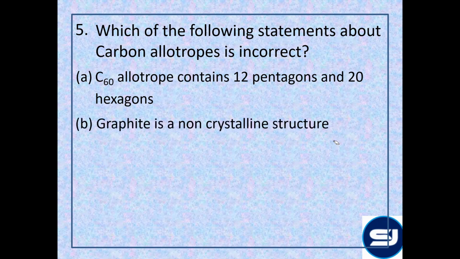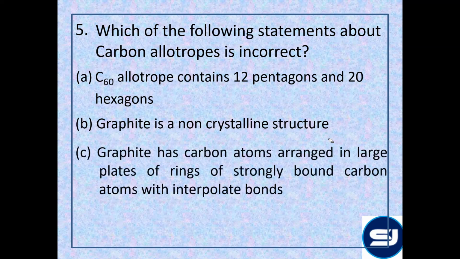Graphite is a non-crystalline structure. No, it is crystalline. Graphite has carbon atoms arranged in large plates of rings of strongly bound carbon atoms with interplate bonds.